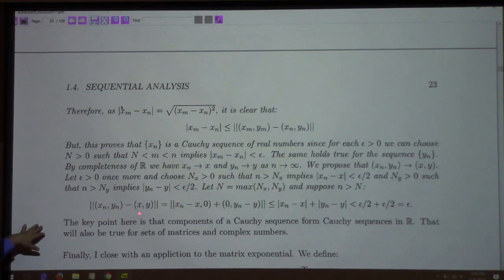And then this is equal to that, which is less than or equal to that, but that is less than epsilon. So that shows that I can make this arbitrarily close to that for n sufficiently large, which says that the limit exists. And so that's an arbitrary Cauchy sequence. I just showed it converges. That proves that R2 is complete.